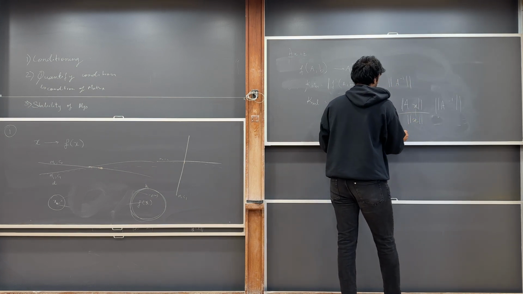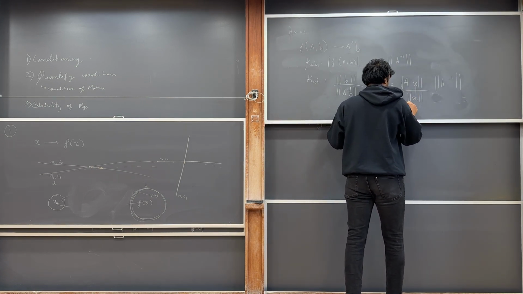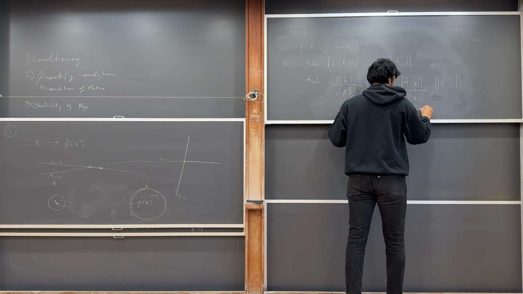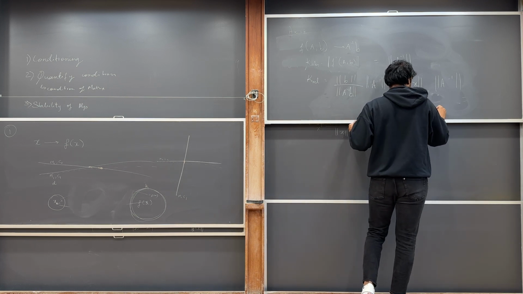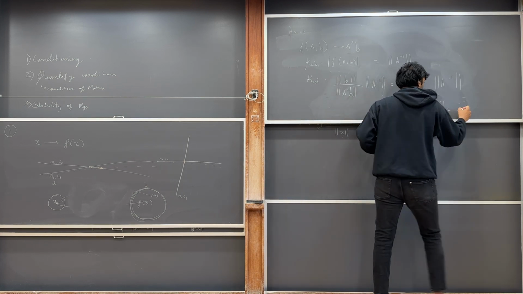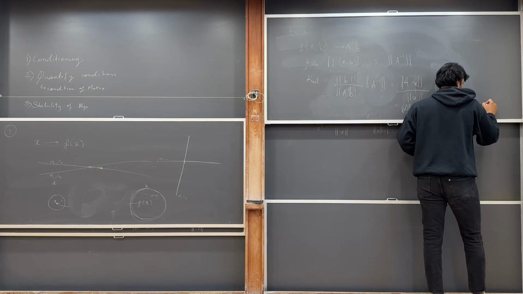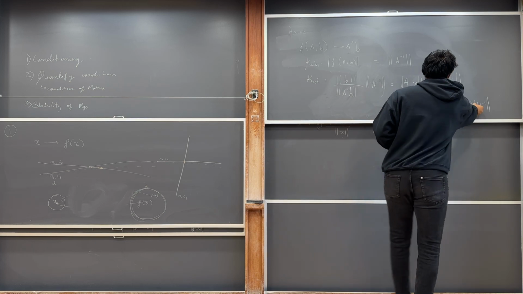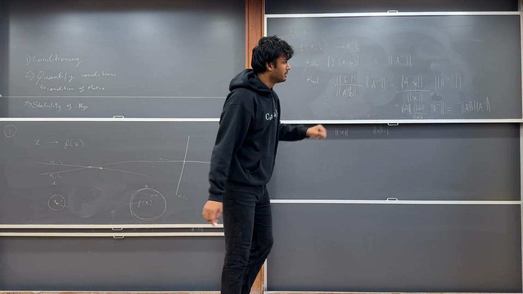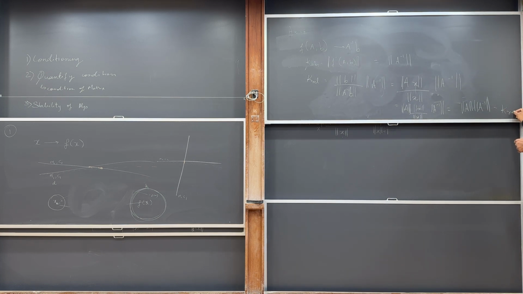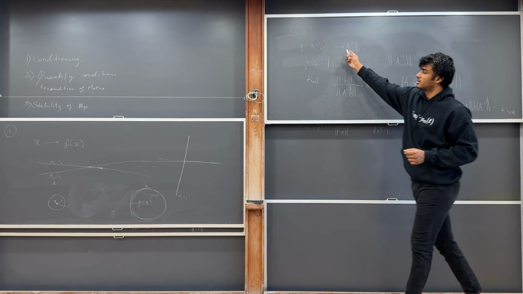Using the Cauchy-Schwarz inequality, I can separate them. Norm of A and the norm of X divided by the norm of X times the norm of A inverse is equal to norm of A times norm of A inverse. That number is the relative condition number with respect to B.